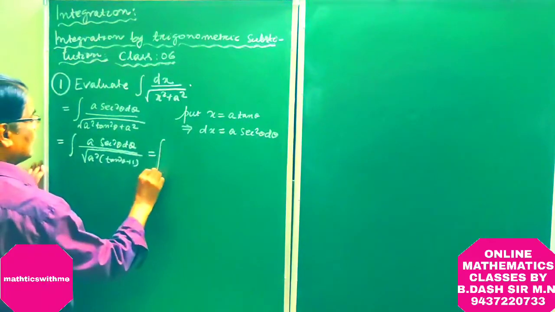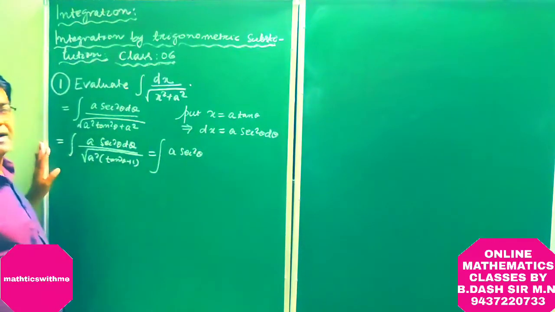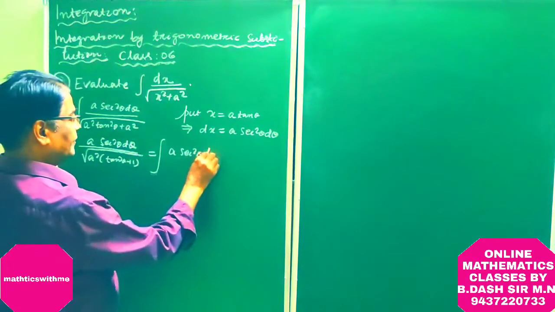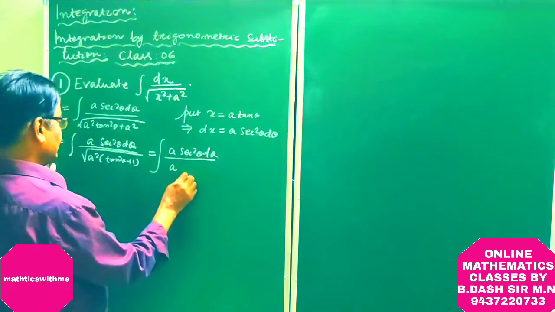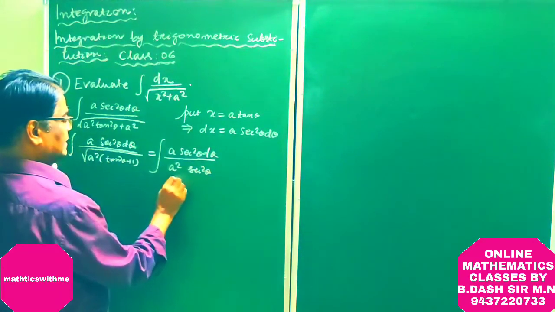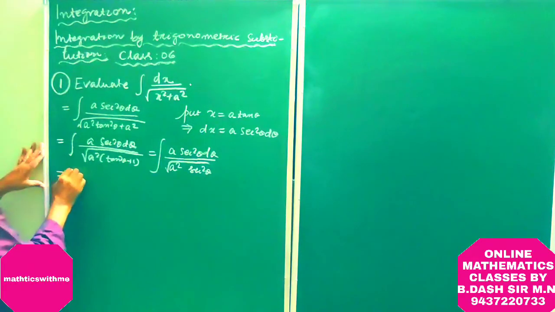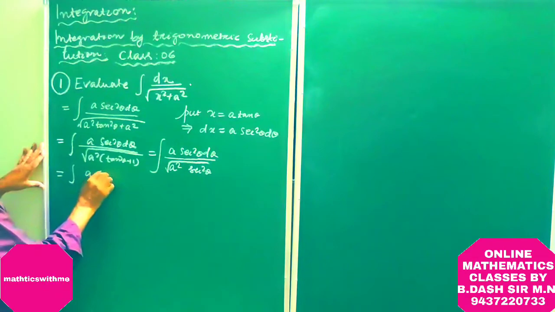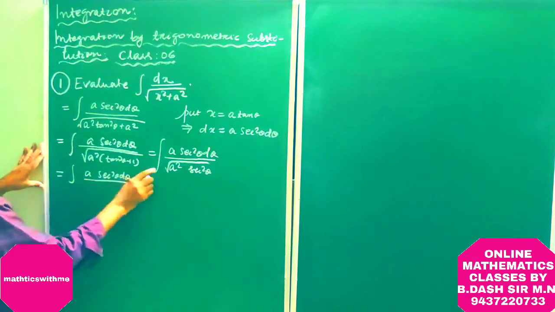This is equal to a sec square theta d theta, divided by a times the root of sec square theta.